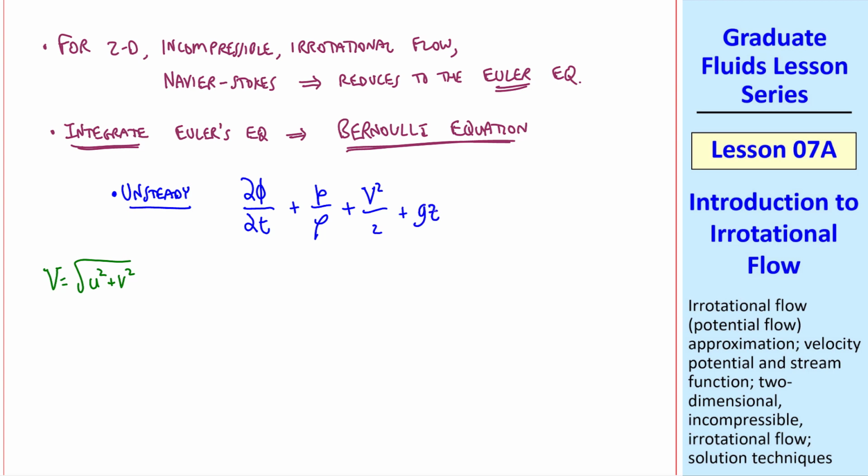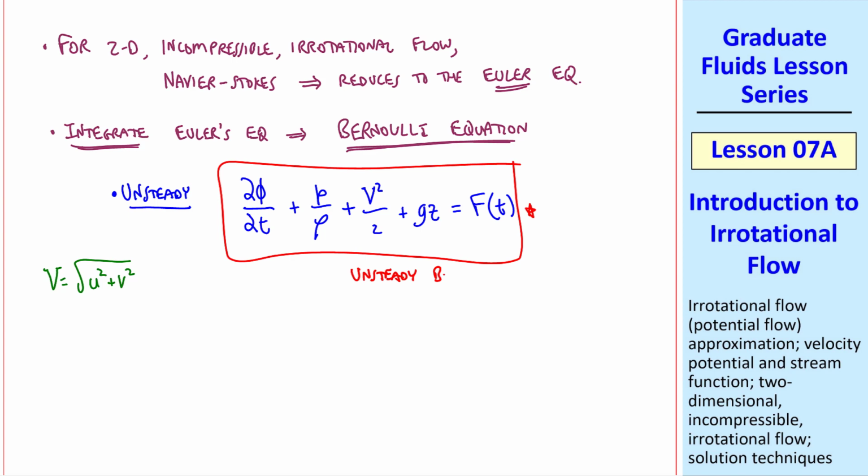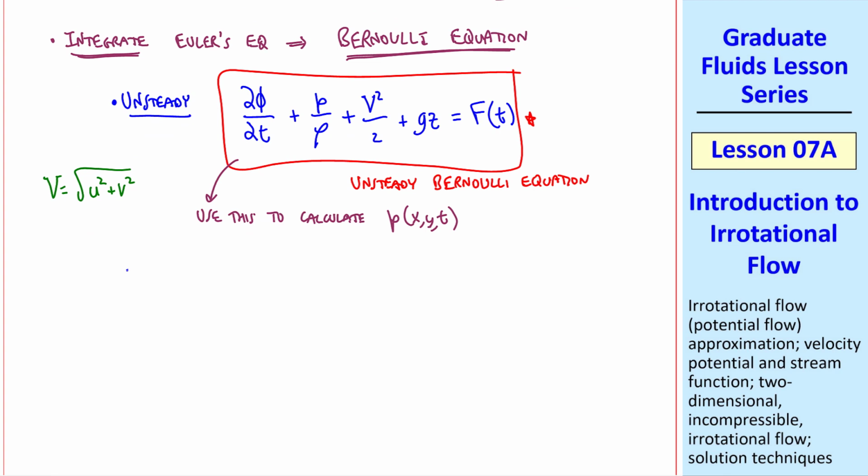And if gravity is important, we add gz, and this is a function of time. This is the unsteady Bernoulli equation. We would use this to calculate p of x, y, and t for an unsteady problem. We'll be talking only about steady flow, so the unsteady term here and the function of time here disappear. In other words, if f is not a function of time, it must be a constant.